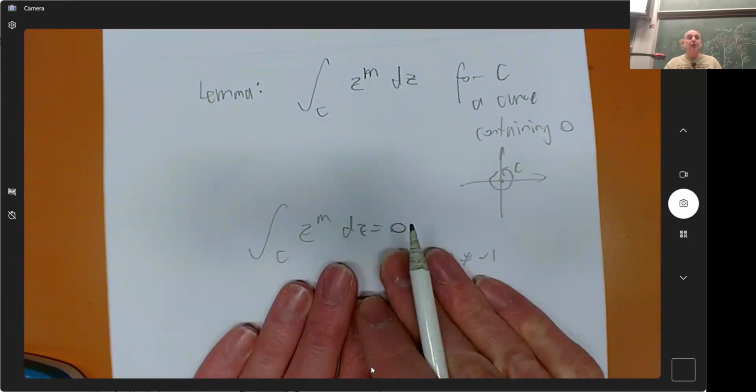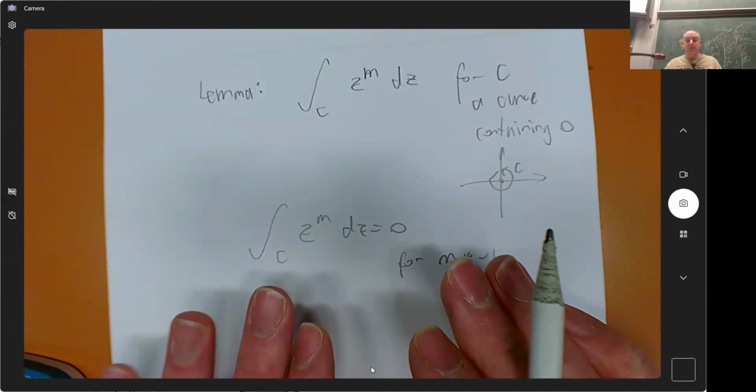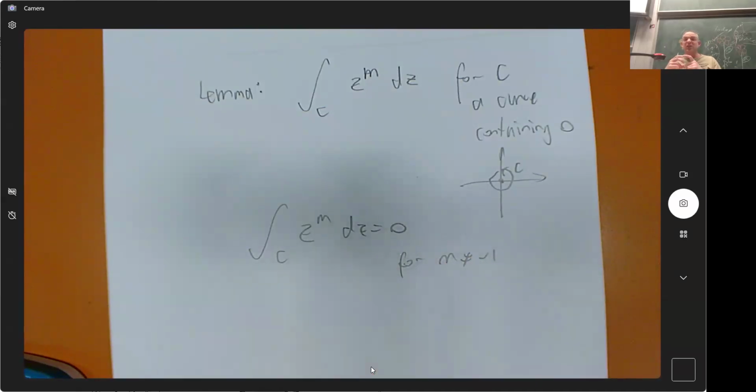And you can do this by straight up parameterizing z, and just use the circle around, use e to the I theta.